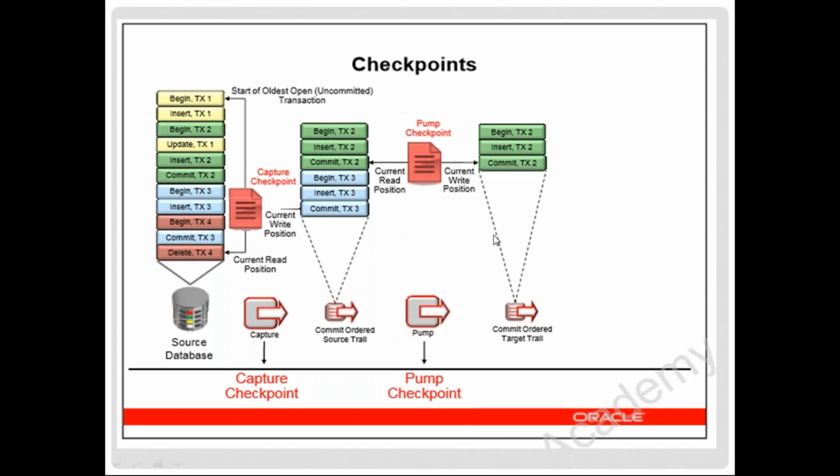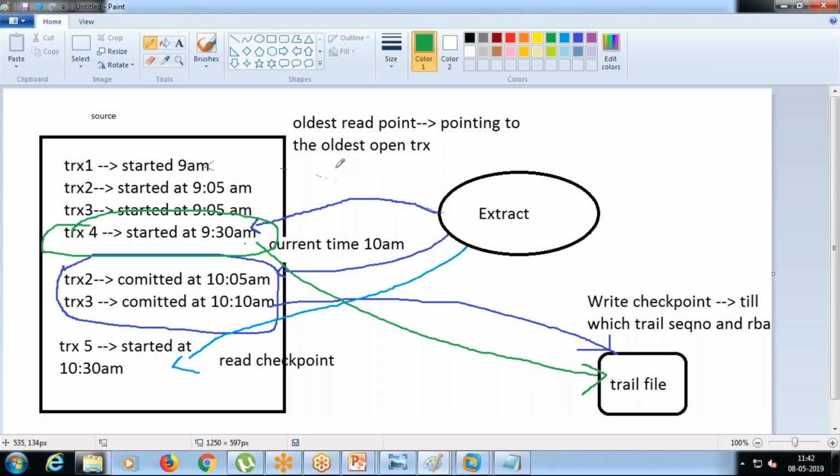Okay, now let's come to the pump. Pump is this middle part, very simple. It's going to read from the local trail and write it to the RMT trail. So one read checkpoint will be to the local trail, and in pump there is no need for any additional read checkpoint, as for the extract's oldest open transaction, because extract writes only the committed ones.